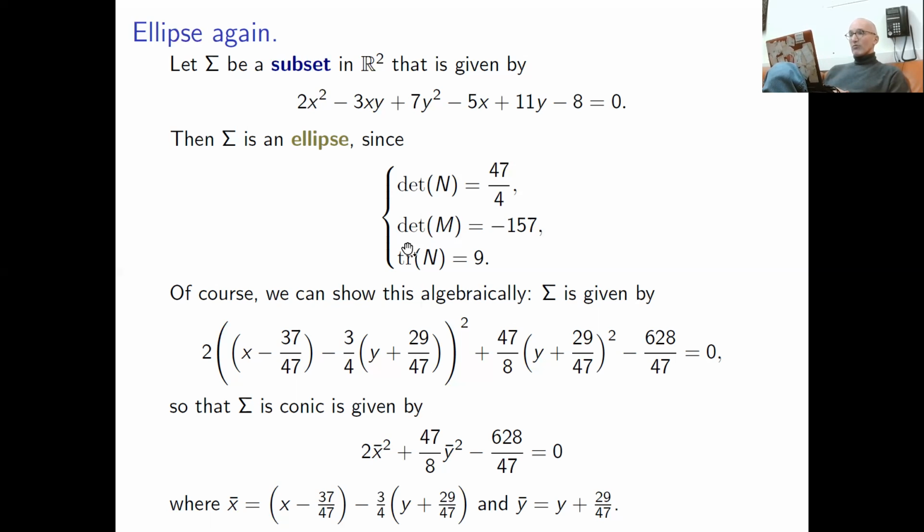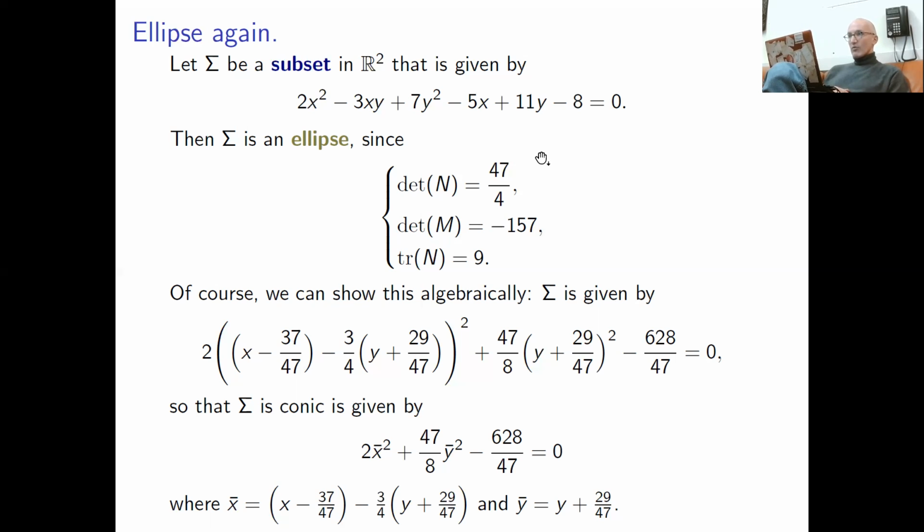You don't even need to care about the trace of matrix N. You only need to care about the determinant of N and the determinant of M. If the determinant of M is not 0, this is good, and it shows you that it's very likely non-degenerate. But if the determinant of N is negative or 0 and the determinant of M is not 0, then this is definitely not a degenerate case. It's either a hyperbola or a parabola.